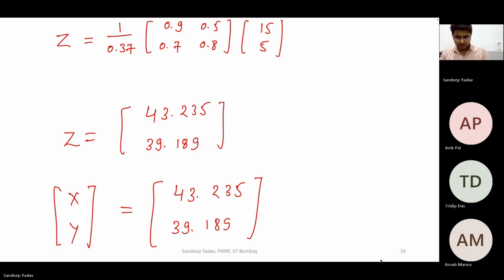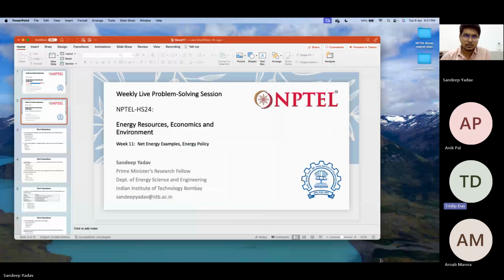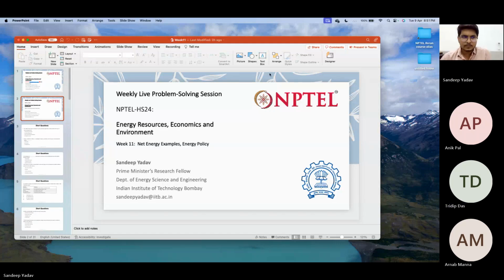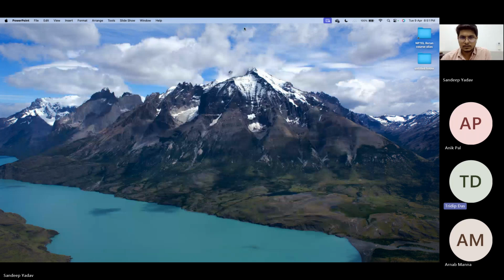But normally NPTEL sends a message that you have to download it, in your email or in some way. Definitely they will send. I'm just checking whether it is available or not.